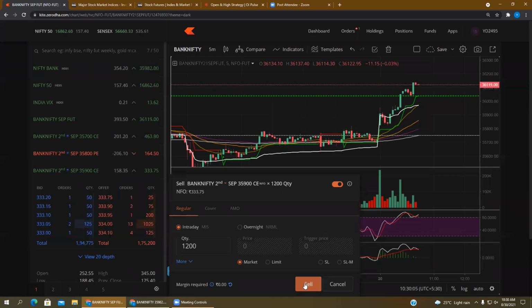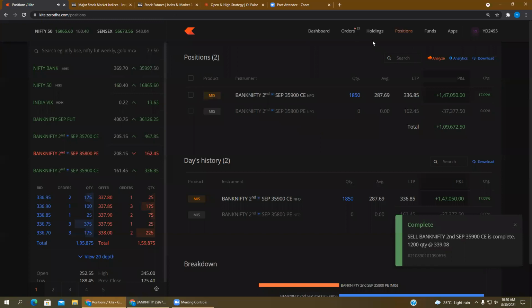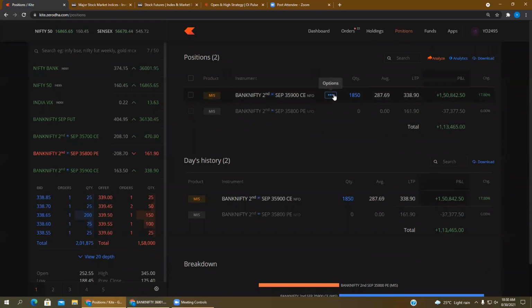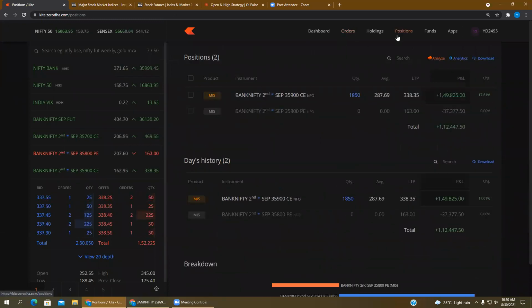Now, if it comes closer to 340, I will reduce more quantity. Exited 1200. Now I have 1850, sorry. Out of that, 1000 I put an order of 344.